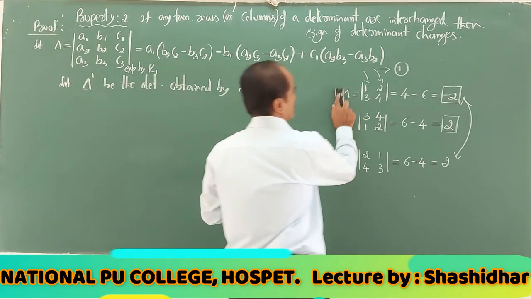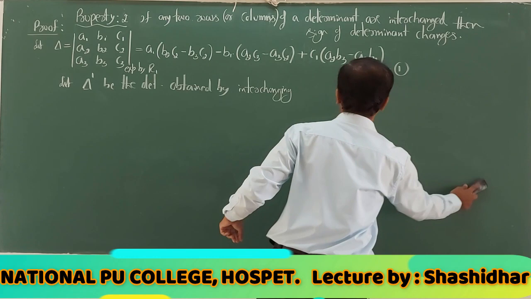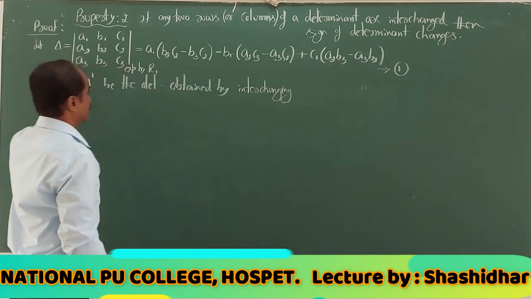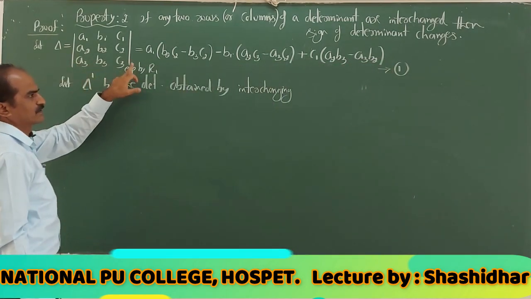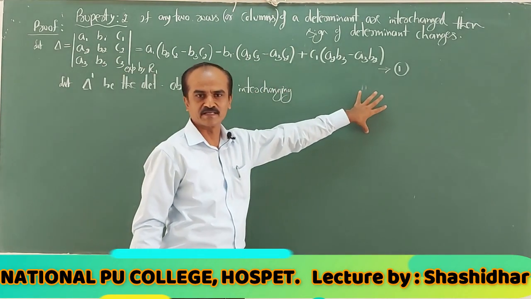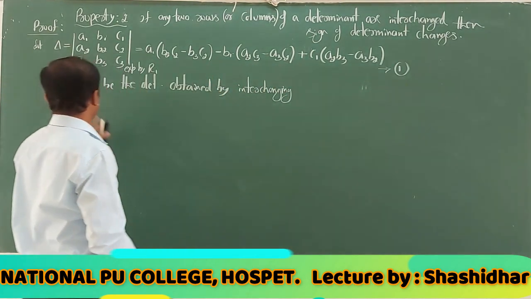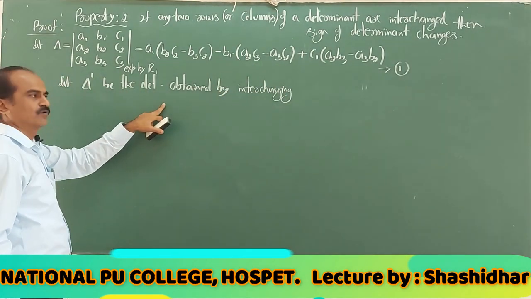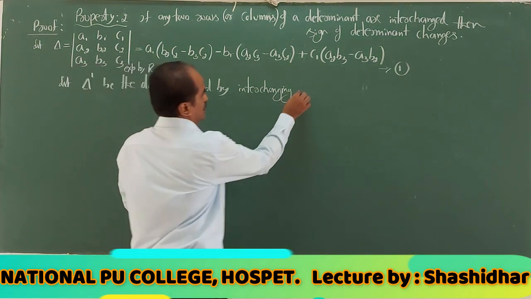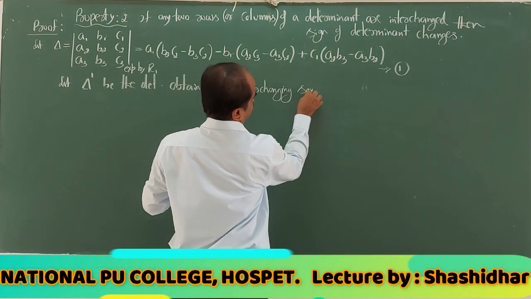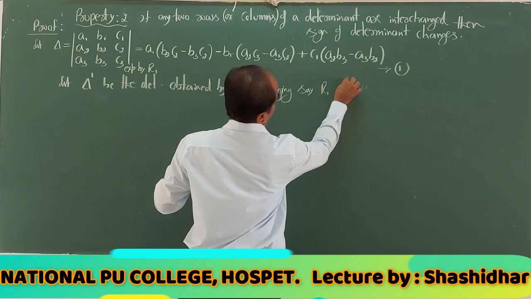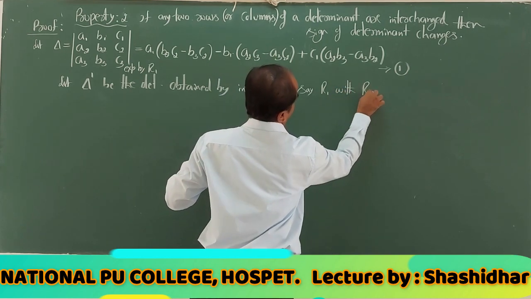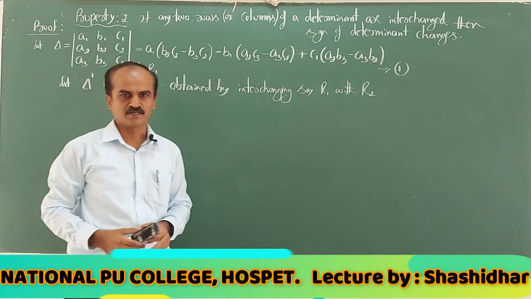For that, here I have taken determinant of order 3. I expanded by R1. This is the expression I get. Now let delta dash be the determinant obtained by interchanging, say, R1 with R2. Need not be R1 with R2.